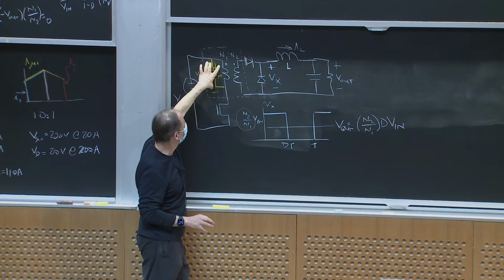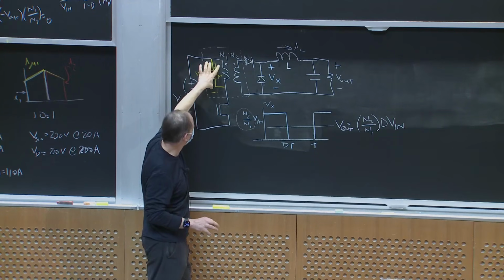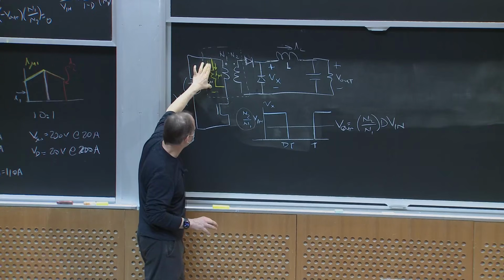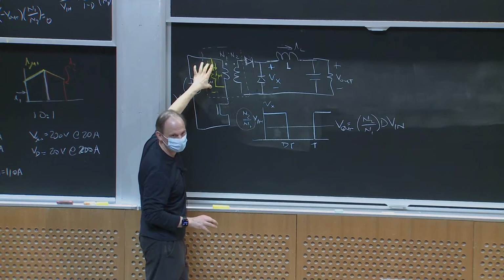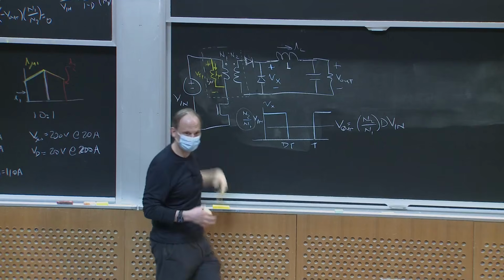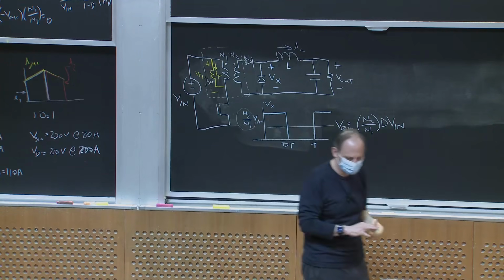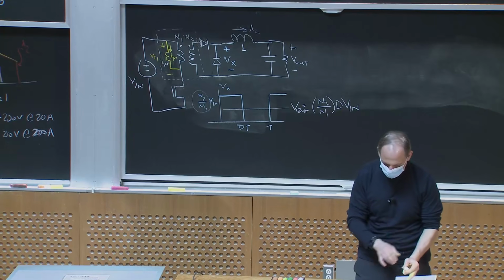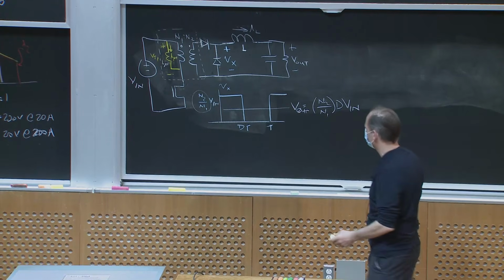Okay? And another thing I better think about is in order for this transformer to work, the average volt seconds I apply across the transformer better be 0. Otherwise, it won't operate in periodic steady state. I have to respect this inductor in terms of its need to have 0 average voltage to get to periodic steady state. Okay? So what would this look like?